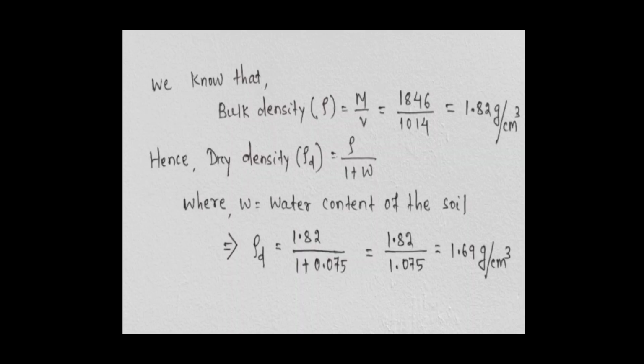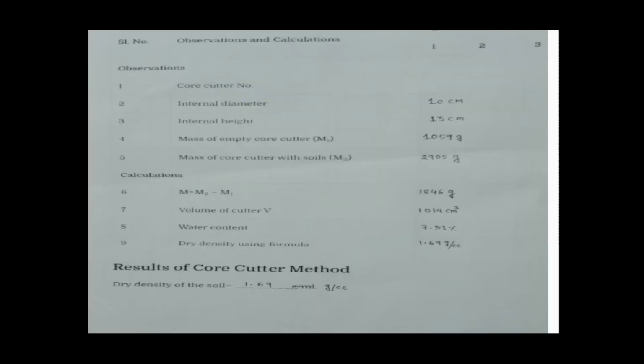So total dry density is equal to 1.69 gram per centimeter cube. So we have found that the dry density of the soil using the formula is equal to 1.69 gram per centimeter cube. Repeat the test with 2 different samples from 2 different locations and get the average dry density.